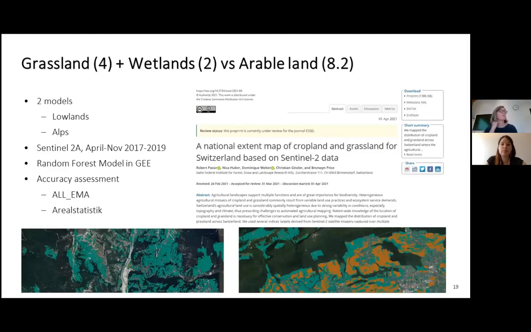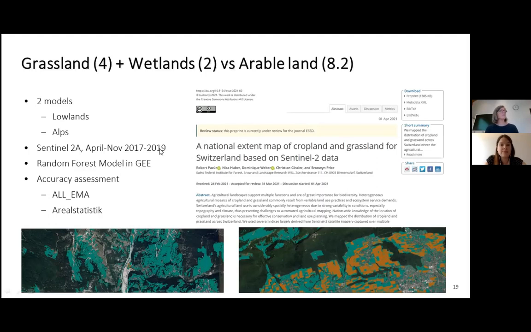This work was done by Robert Patzur. He conducted a random forest modelling approach. We had 2 different models, one for the lowland areas and one for the alpine areas. And he used a time series of Sentinel-2 imagery over the growing season, from April to November, and all data between 2017 and 2019.